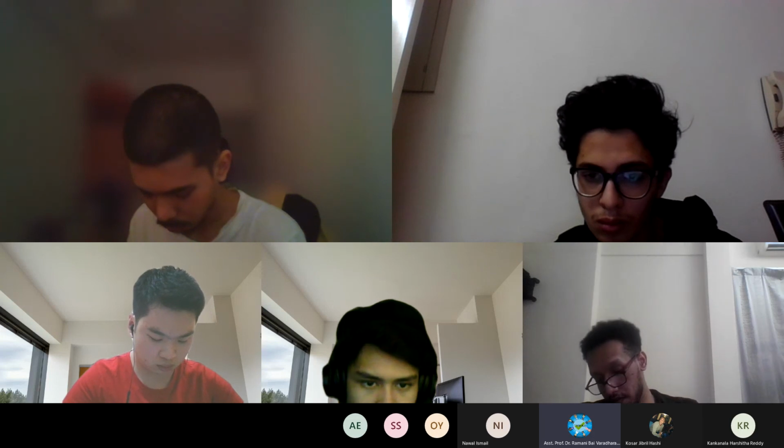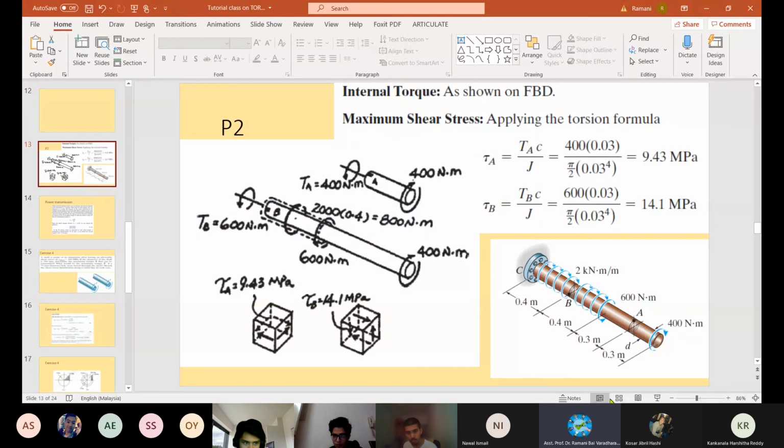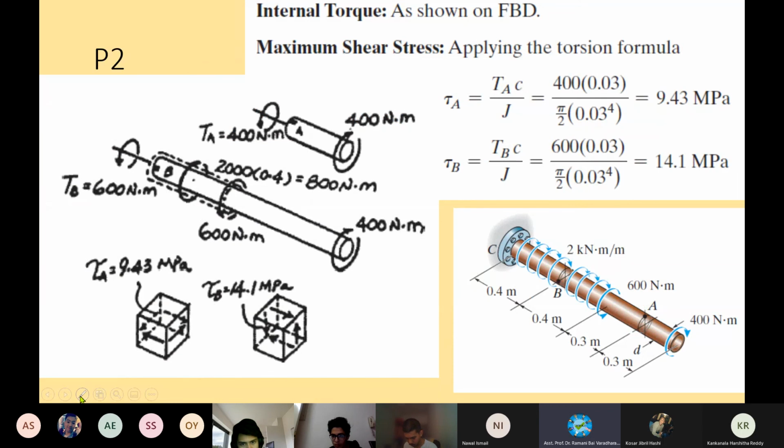This is the thing. Just two-line solution. Oh God, thank God I got it. See, you're given with this shaft, right? Fix at C. You have to mind this fixing. Distributed moment of 2 kilonewton meter per meter, another one like the last time.